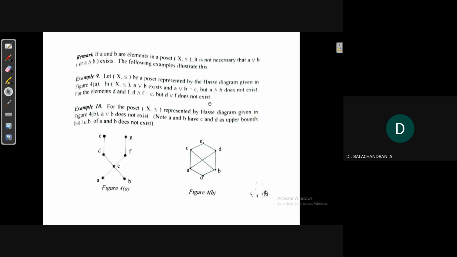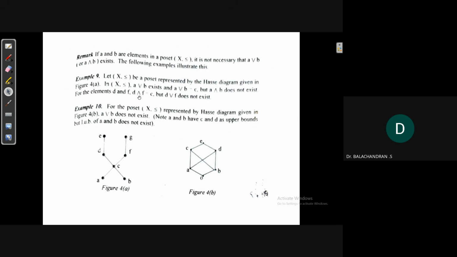So you can check here for A and B. The least upper bound of A and B is C; it exists. But the greatest lower bound of A and B does not exist. Even a lower bound of A and B does not exist. That's why the greatest lower bound of A and B does not exist.